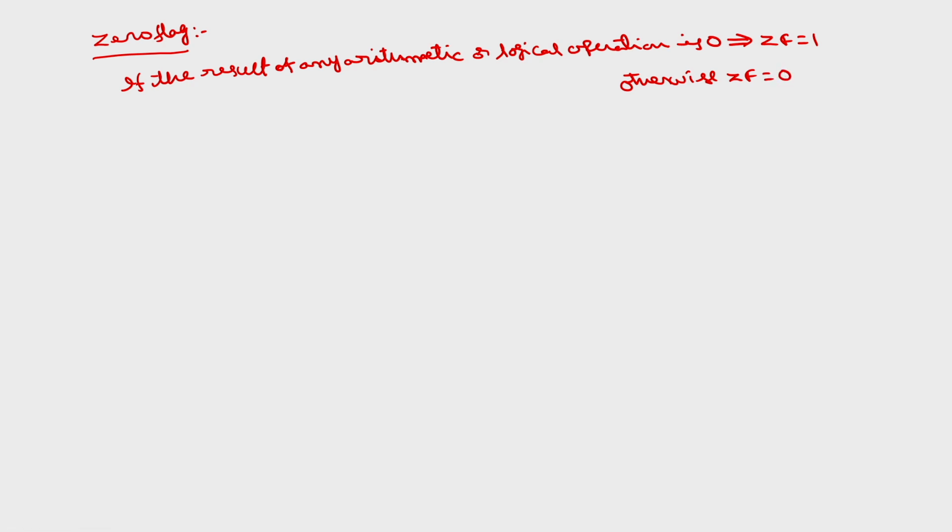If I take the example, say 32H minus 31H, the result is 01H, so the zero flag will be reset. If I take the second example, if I want to perform FFH plus 01H, now what happens?